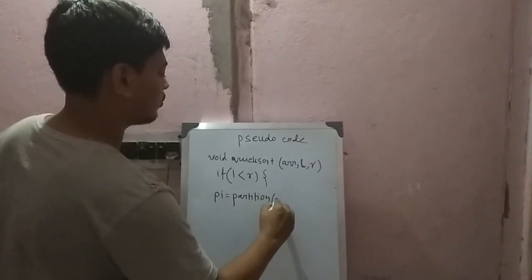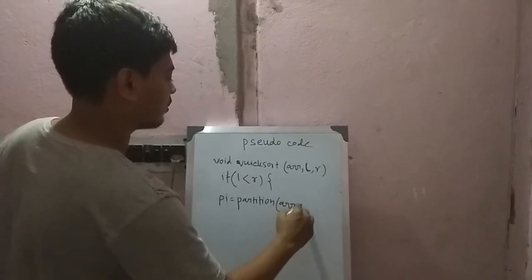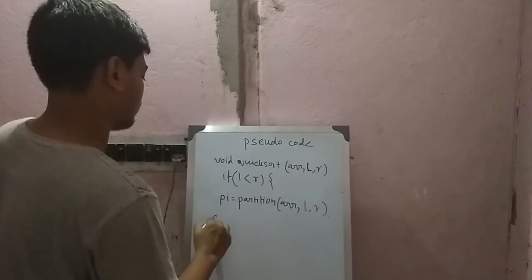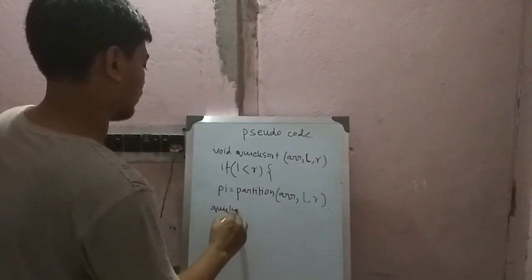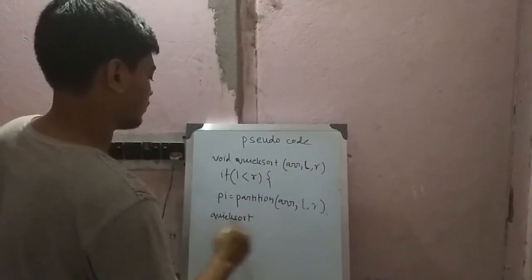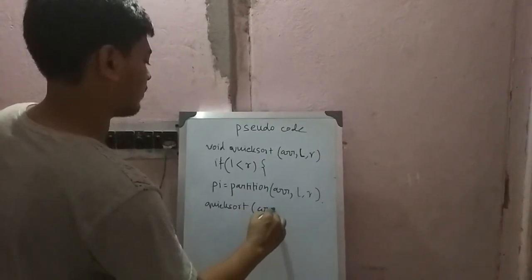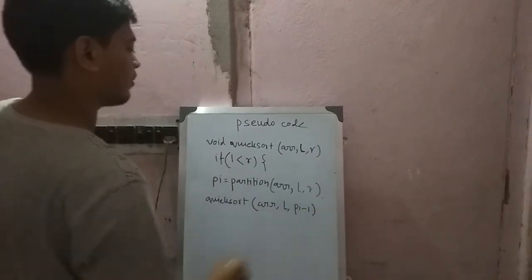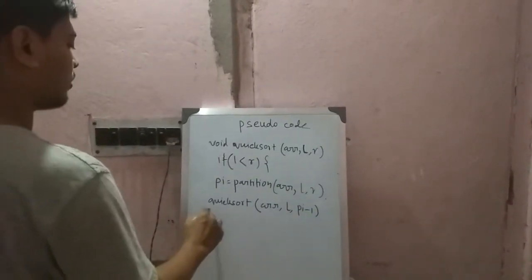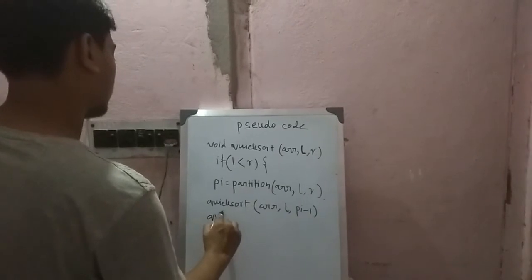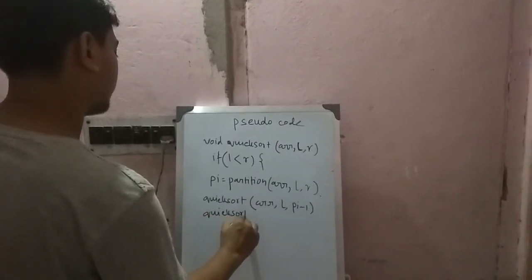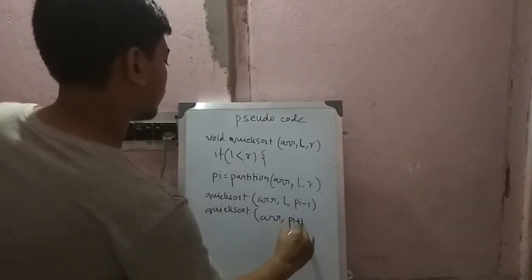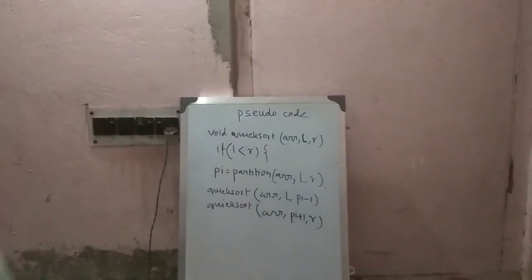So for partition, you pass the array, left and right, and then you call quicksort again on the array from left to partition minus 1, and then quicksort on the array from partition plus 1 to right. So this is the quicksort code.